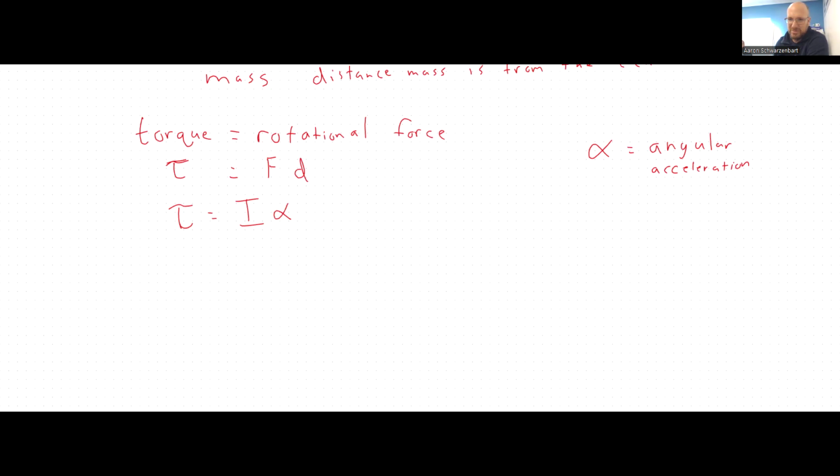I'll give you a few more variables that are coming up. Omega is angular velocity. Alpha is angular acceleration. So notice that that's very much like mass times acceleration, except it's the rotational inertia. Yeah, it's the Greek letter omega. Okay. Welcome to physics. We're going to be using lots of Greek.